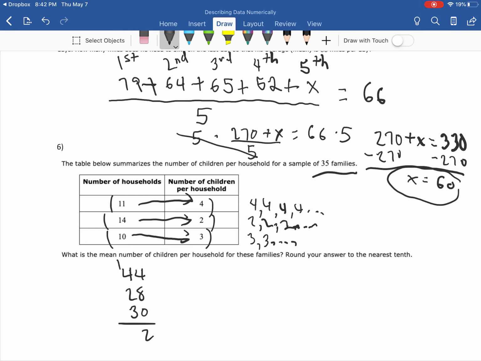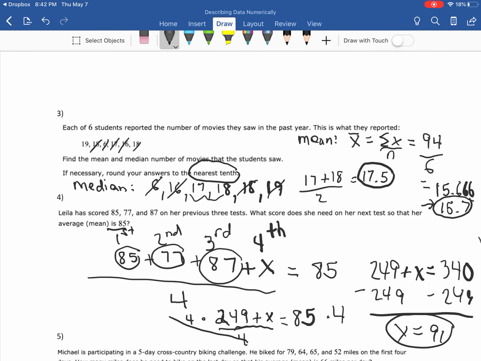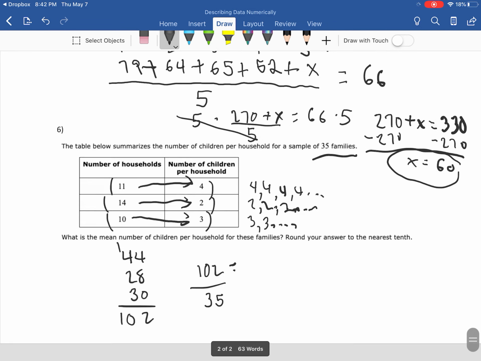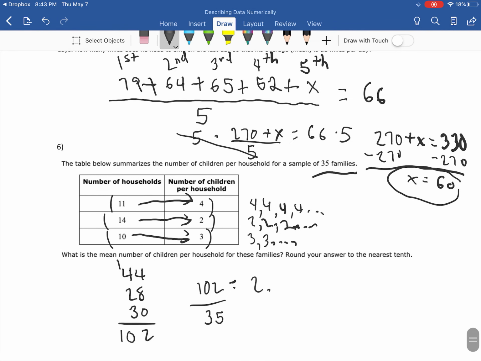So that adds up to 102 children. And divided by, we have 35 households, 35 families. And 102 divided by 35 is 2.91. And we're going to round that to the nearest tenth. So it's going to be 2.9.